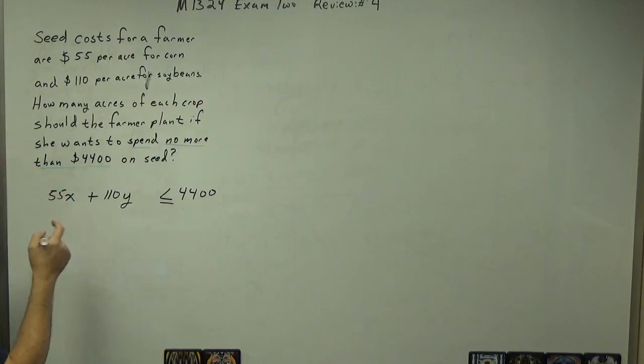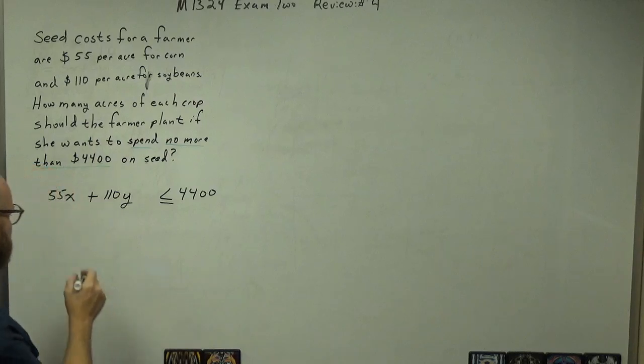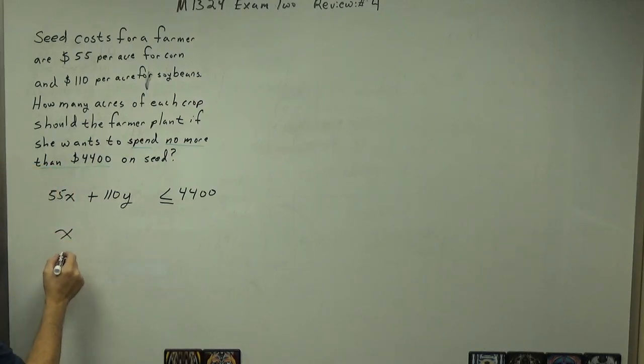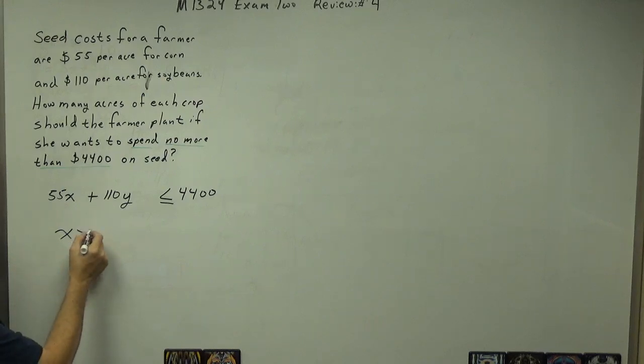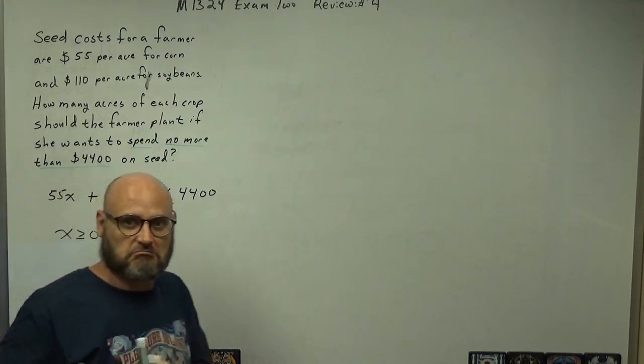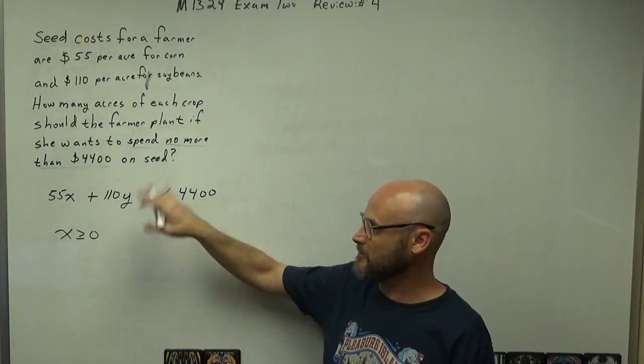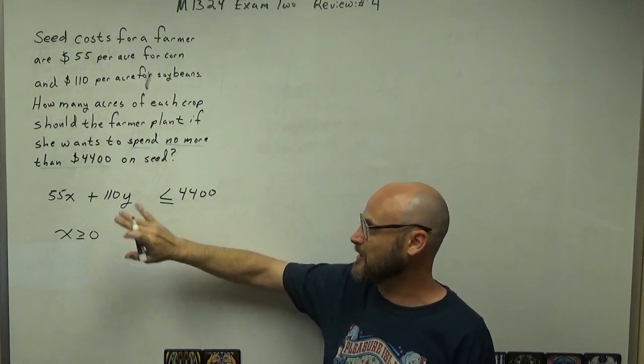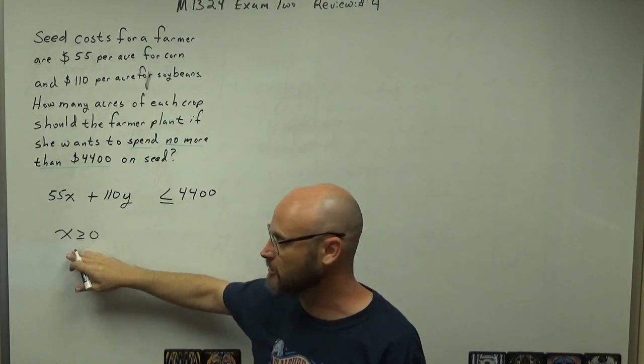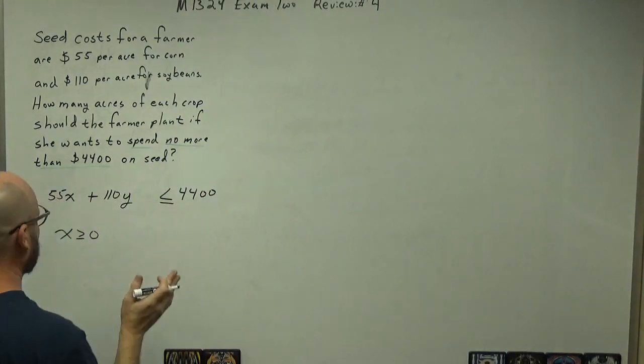But anyway, we know that we can't plant negative acres of corn, so our acres of corn must be greater than or equal to 0. Now, we've done some of those linear programming and optimization problems, we might decide that it's more profitable to plant all soybeans or all corn, so it could be 0, but you can't plant negative.